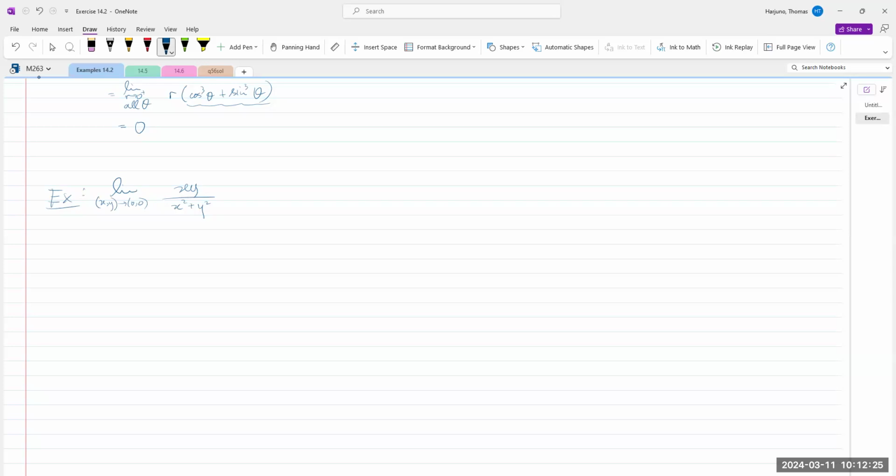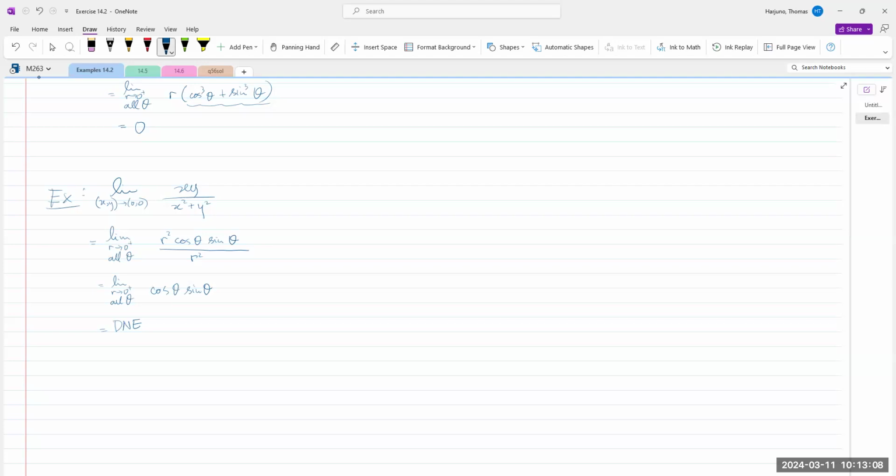If we try to use polar, you will get r squared cosine theta sine theta over r squared. R goes to 0 positive for all theta. This is cosine theta sine theta, and there's no r as a factor that brings it down to 0. In other words, the limit does not exist because different theta give you different results, right?